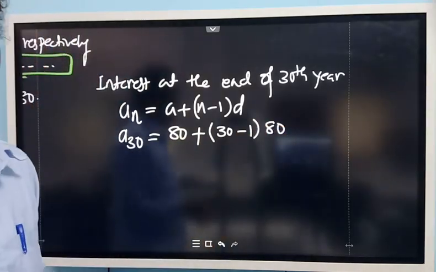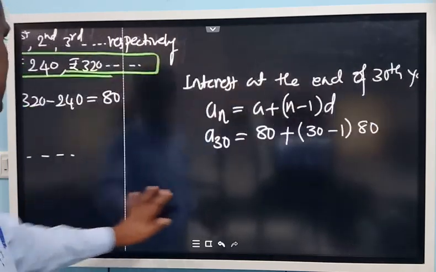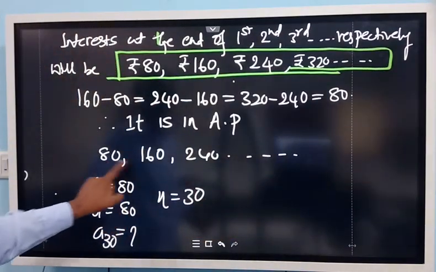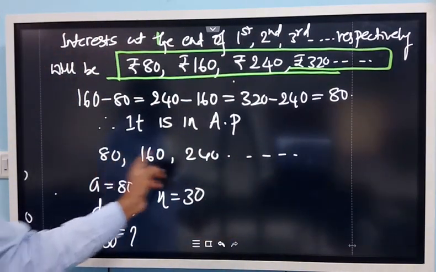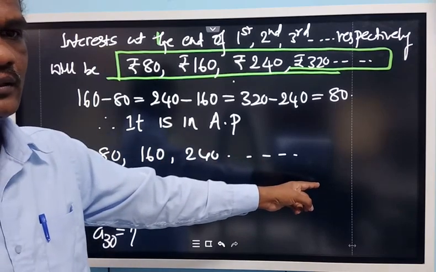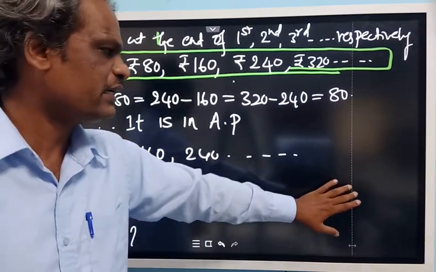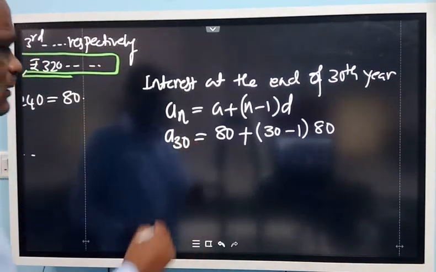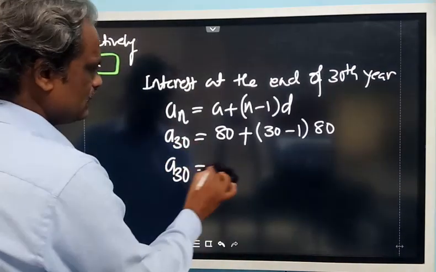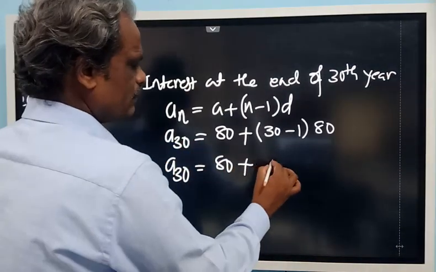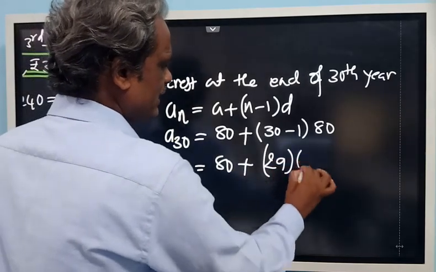First term is 80, common difference also 80, and I want the 30th year interest, therefore n is equal to 30. We are substituting in this formula. So a30 will be equal to 80 plus 29 into 80.